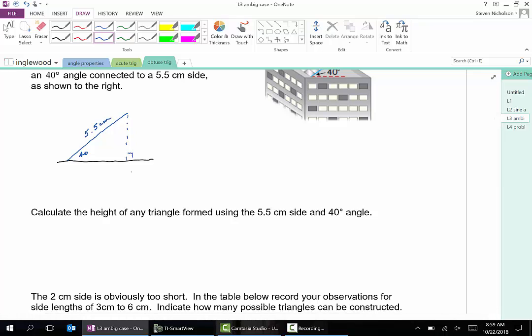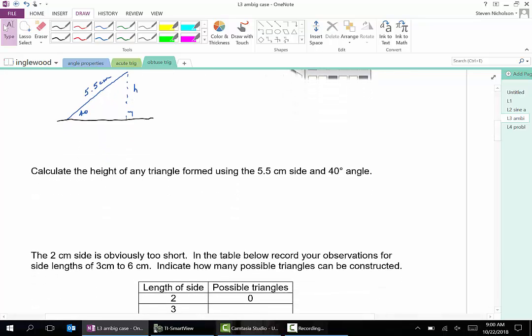So the first thing I want us to be able to notice is, depending on this side here, and I'm just going to call it H, H for height of the triangle. If we wanted to calculate the height of any triangle formed in this story, all we'd have to do is use our grade 10 trigonometry. In this relationship, we're going to use the sine ratio: sine of 40 is equal to h over 5.5.